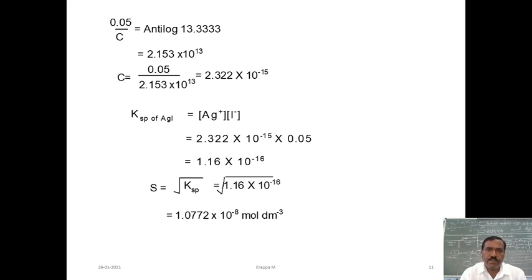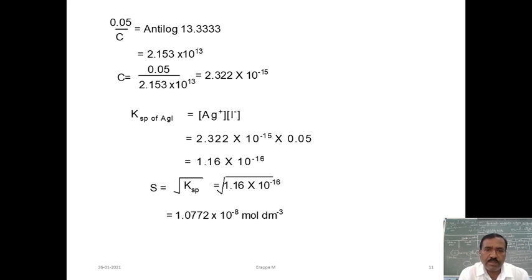Then 0.05 divided by C is the antilog of 13.333, which gives 2.153 into 10 to the power of 13. Therefore, C is equal to 0.05 divided by 2.153 into 10 to the power of 13.